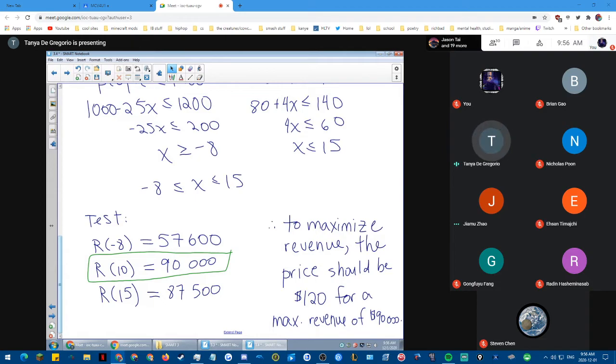The reason is, these are not just graphs that go on forever. They have restrictions, so there's a start point and an end point. Just like in 3.2, you must check those boundaries and endpoints.